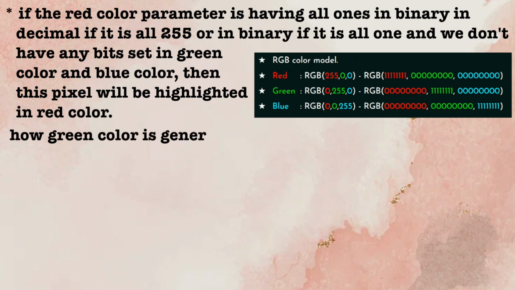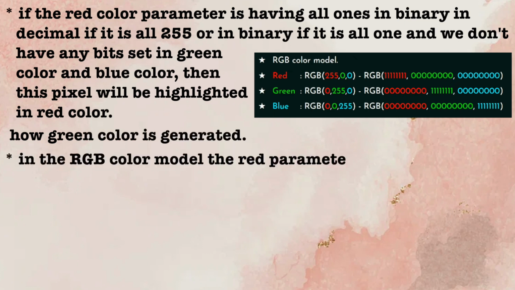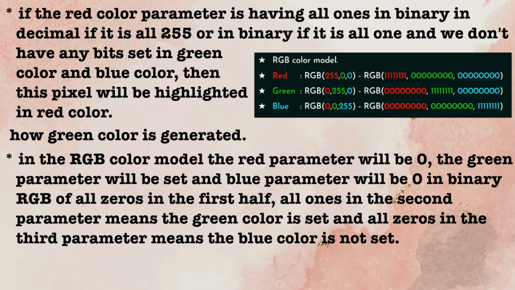How is green color generated? In the RGB color model, the red parameter will be 0, the green parameter will be set, and the blue parameter will be 0 in binary. RGB of all zeros in the first parameter, all ones in the second parameter means the green color is set, and all zeros in the third parameter means the blue color is not set.